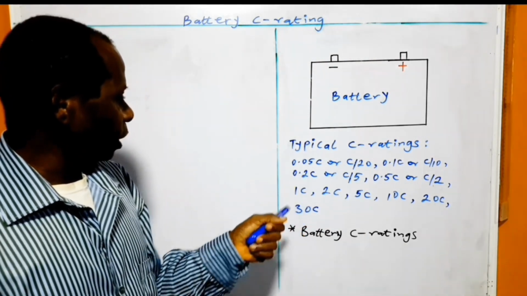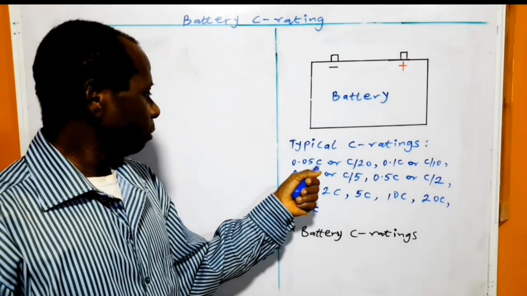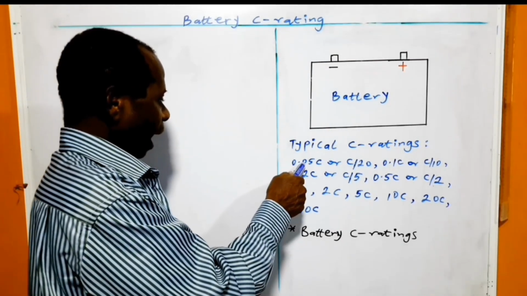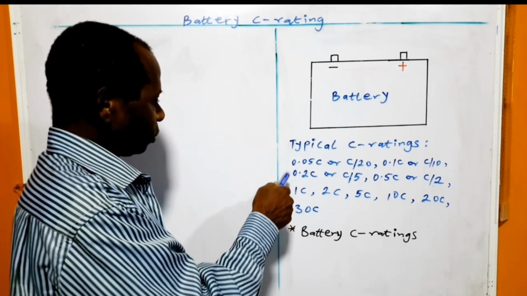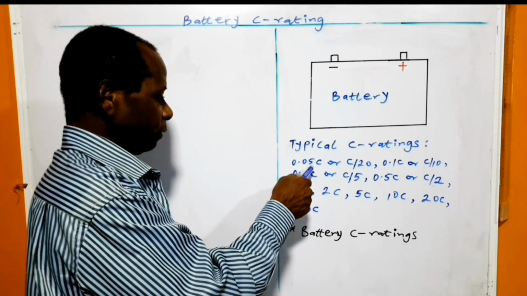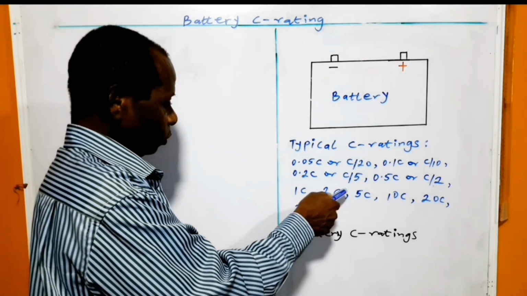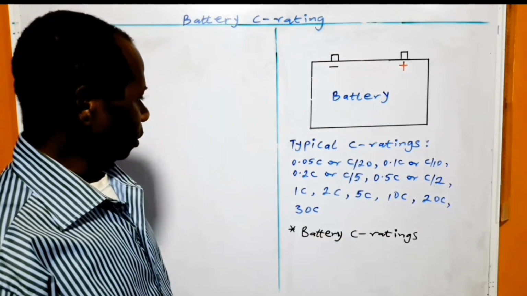A battery C rating is identified by the letter C being preceded by a decimal number such as 0.05 or a whole number such as 1, 2, 5, and so on.